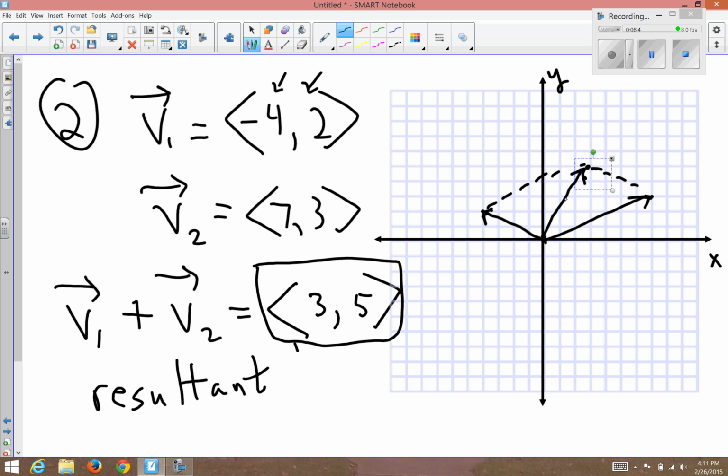And this vector here, I'll make it red, is the diagonal of the parallelogram, where these two vectors are sides of the parallelogram. All the vectors come from 0, 0. So very easy to answer number 2, and also understand what the answer is. Number 3.